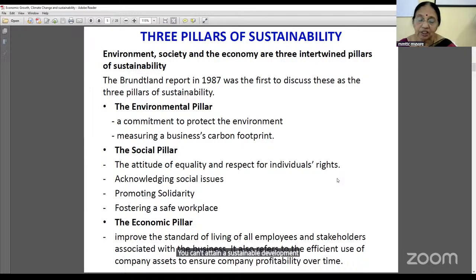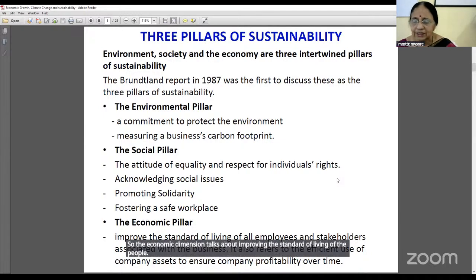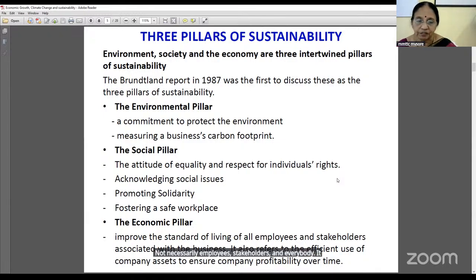And similarly, the economic pillar or economic dimension talks about improving the standard of living of the people, not necessarily only employees, but stakeholders and everybody. Why we need to emphasize this is because the economic dimension also talks about the efficient use of resources, efficient use of company assets, or it could be the economy.